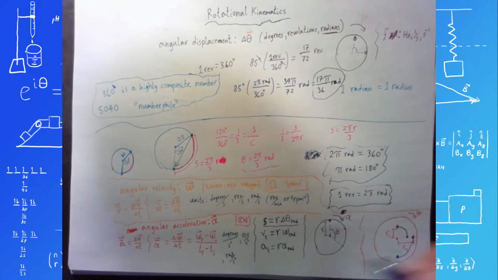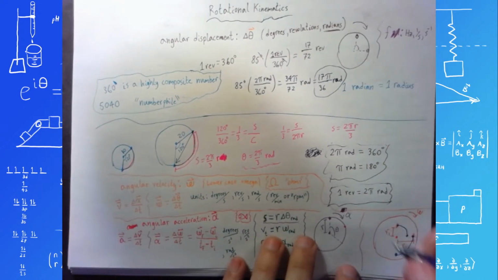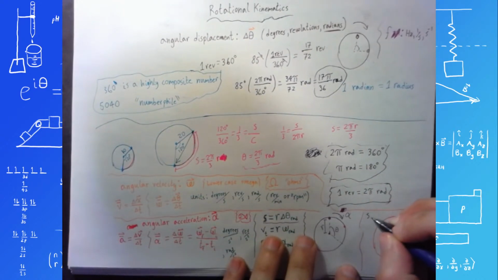Those distances we can calculate using S equals R times delta theta. So for object 1, S1 equals R1 delta theta. S2 is going to be equal to R2 delta theta.